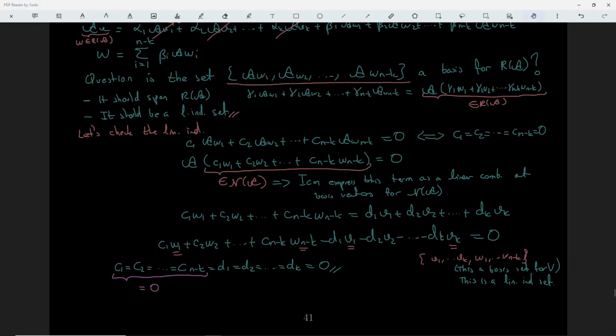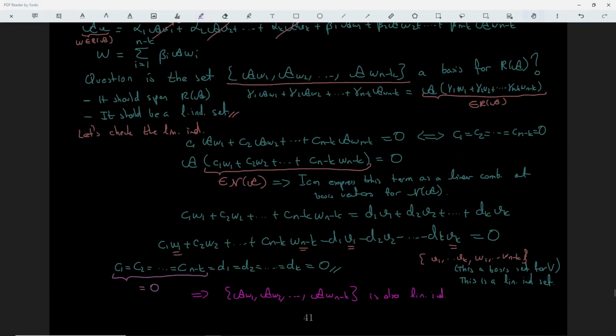So maybe I can write it down more explicitly. Therefore, AW1, AW2, and AWn minus k is also linearly independent.